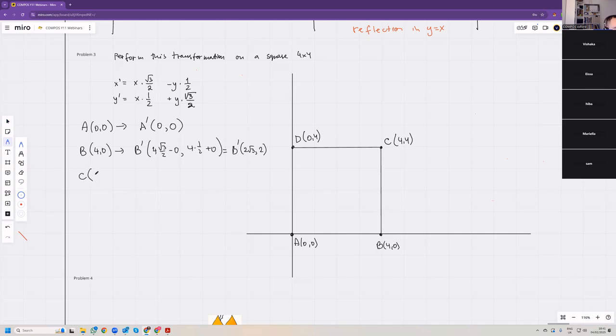C, which is 4, 4, becomes C dash, which is 4 times root 3 over 2 minus 4 times a half, comma, and the y is 4 times a half plus 4 times square root of 3 over 2. So that's C dash, which is 2 root 3 minus 2, comma, 2 root 3 plus 2.